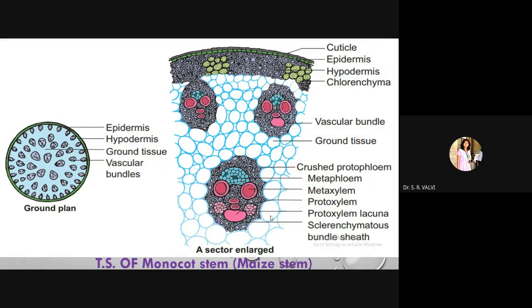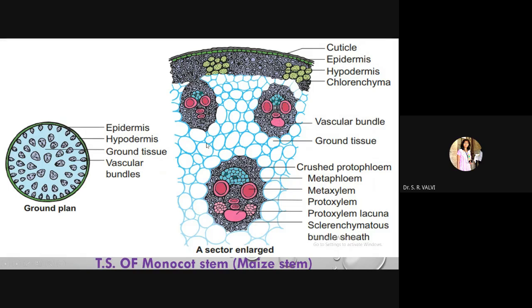And the covering which protects this vascular bundle is called the bundle sheath cover, BSC, which gives protection. Likewise, the vascular bundles are placed in the case of monocot.